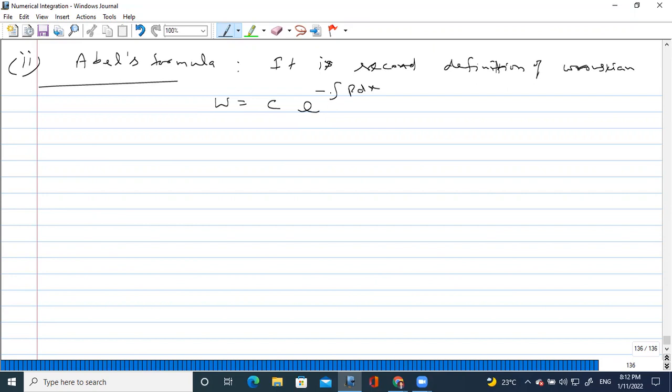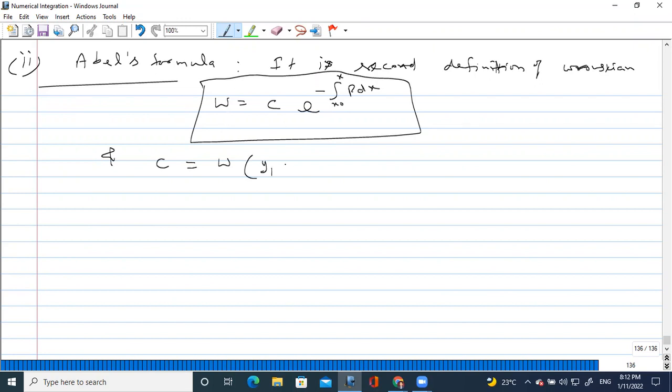And the integral of p dx is as per the limit. If the limit is x0 to x, then as per the limit you have to integrate it. So this is Abel's formula, and from that also you can find the Wronskian. And C is equal to W, and W is a function of y1 at the initial point x0 and y2 at the initial point x0.